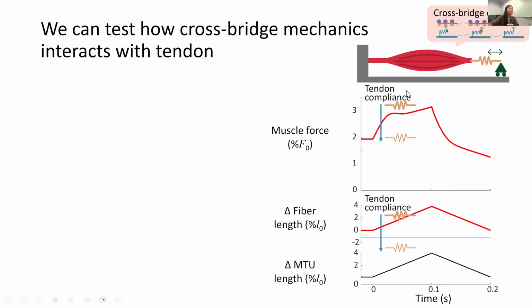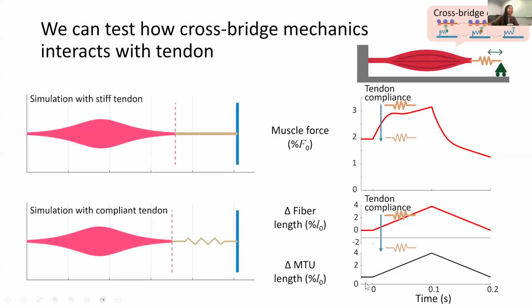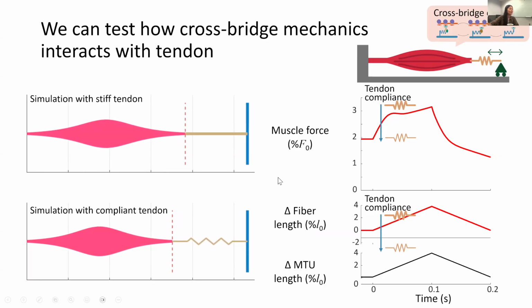But if we simulate the same muscle model with a more compliant tendon attached to it, even when the overall length change to the muscle tendon unit is the same, we can see the blue bar moving together for these two muscles.